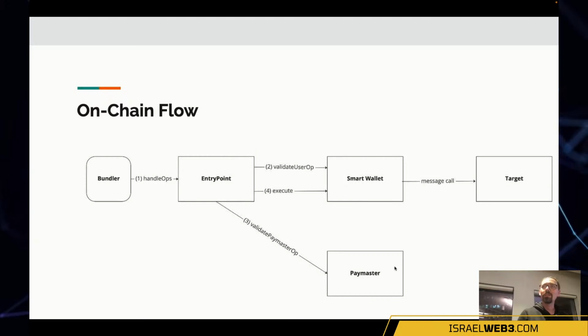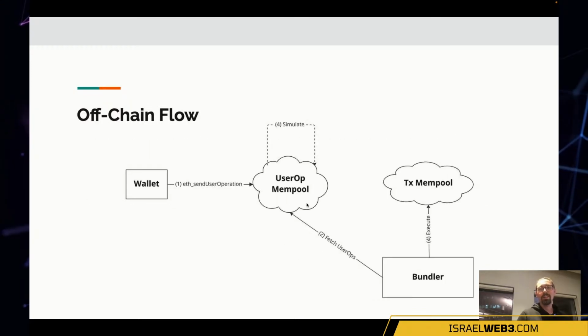If something breaks in the middle, everything reverts. That's how it works. The problem is that if this reverts, you still pay gas for a failed transaction. That's why there's a simulate phase, and why there are two simulations: one at the start, and the bundler also runs another simulation.